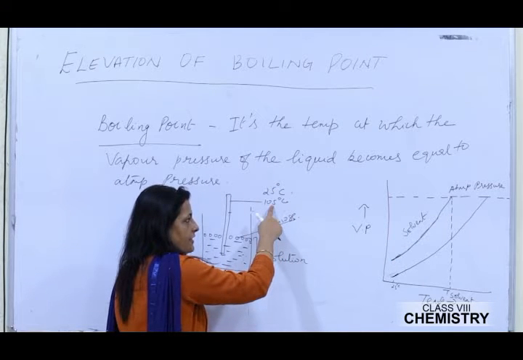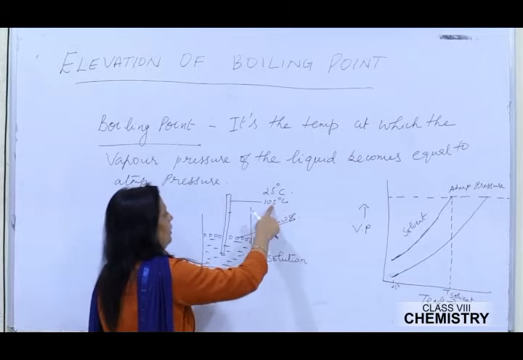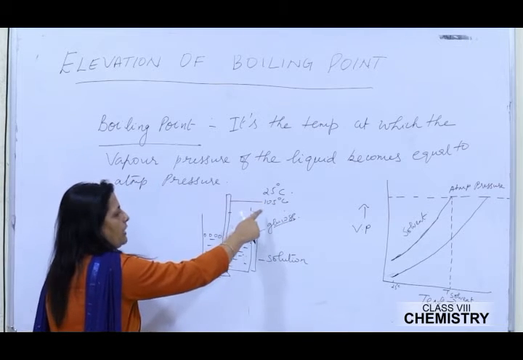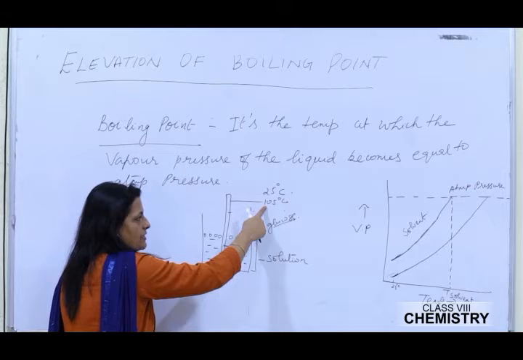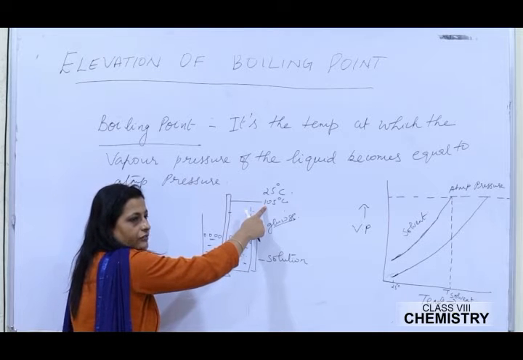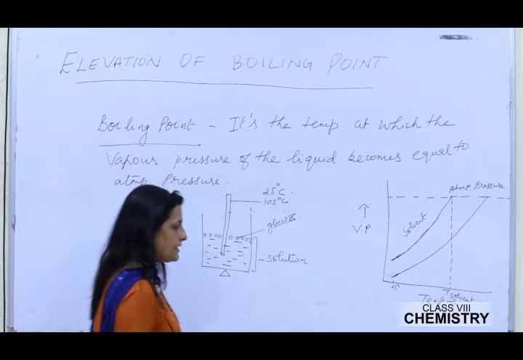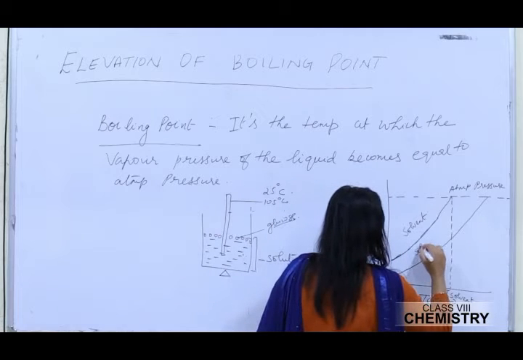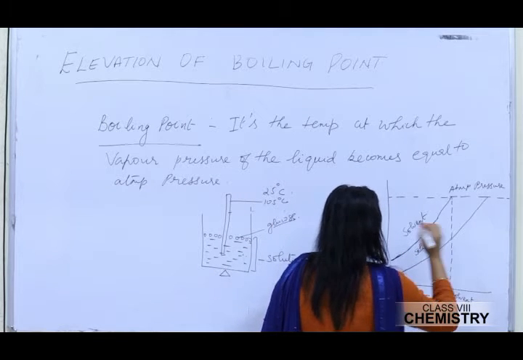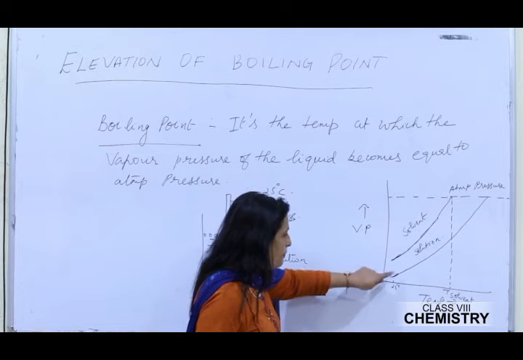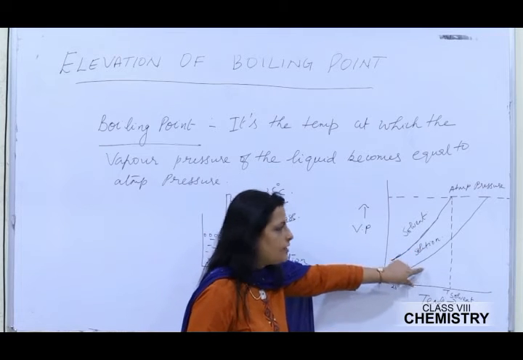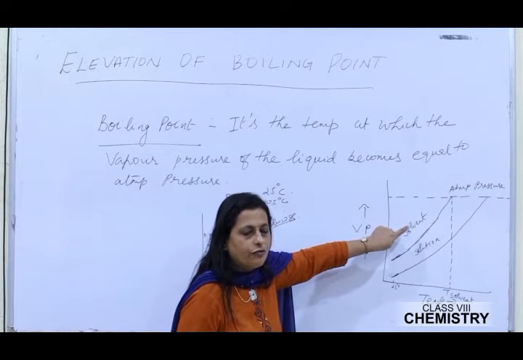At 105 degrees C, the vapor pressure of the solution becomes equal to what? Atmospheric pressure. So this represents what? The boiling point of the solution. What do you observe here? When you see both the graphs, what do you observe? The vapor pressure of the solution is less than the vapor pressure of what? Solvent.